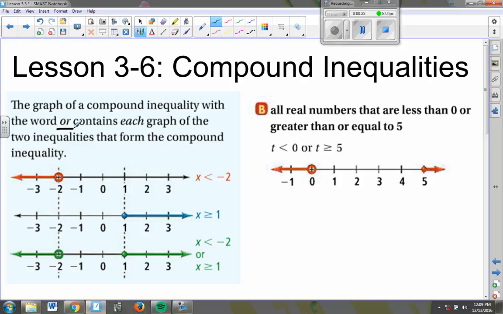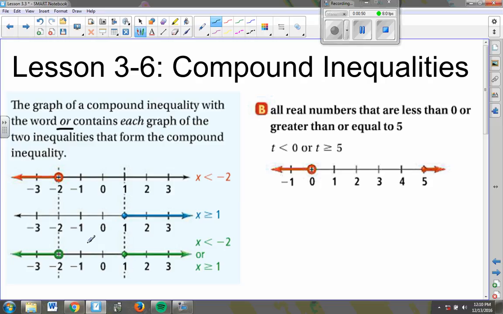Now, when we had inequalities with the word and, remember we had two endpoints and the graph was in between those two endpoints. Or is exactly the opposite. We have two endpoints and the graph goes forever in either direction, because there is no overlap in these two inequalities.